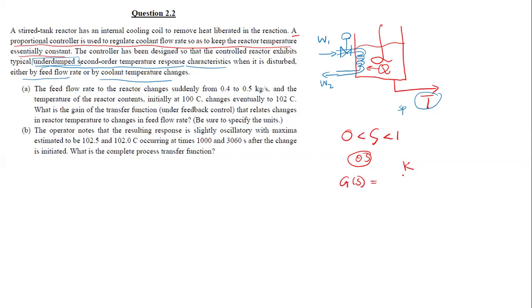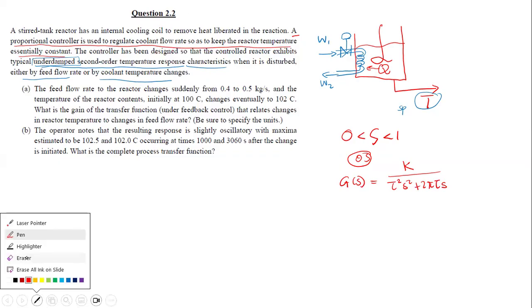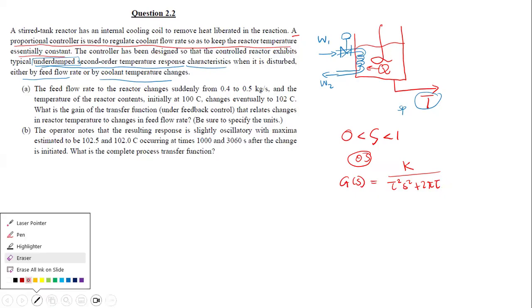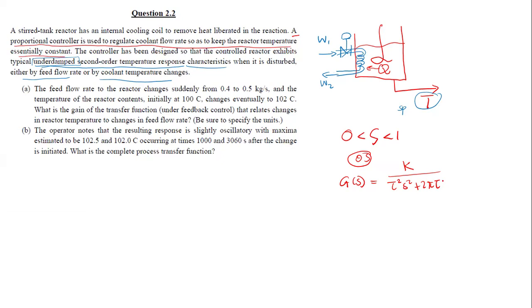We're going to have our gain over there, divided by tau squared s squared plus 2 tau, the damping factor, multiplied by s plus 1, right? So this is the equation.